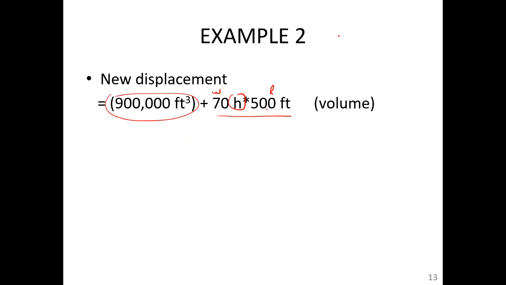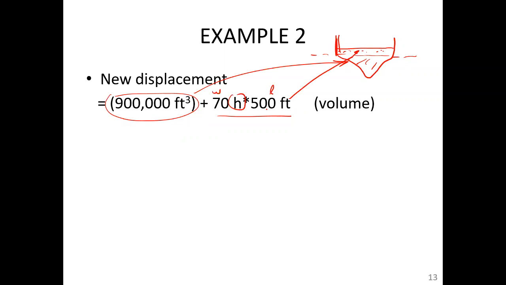We have a ship that originally was displacing 900,000 cubic feet. When we add the 400 tons, we're going to displace a new volume.